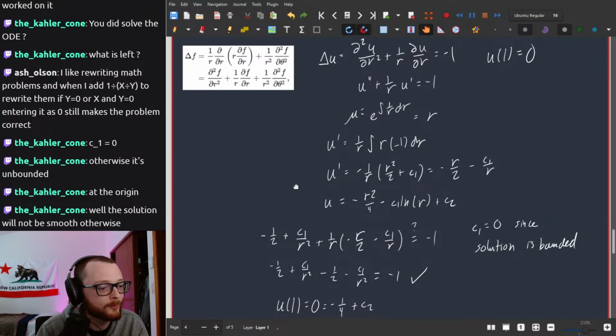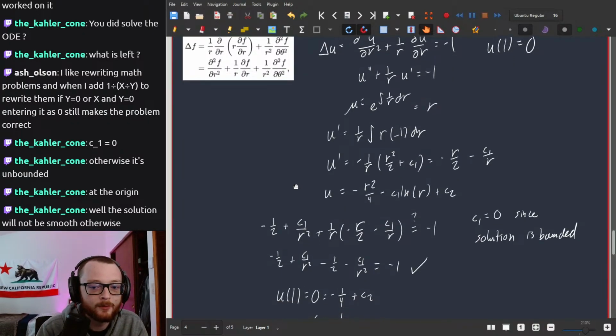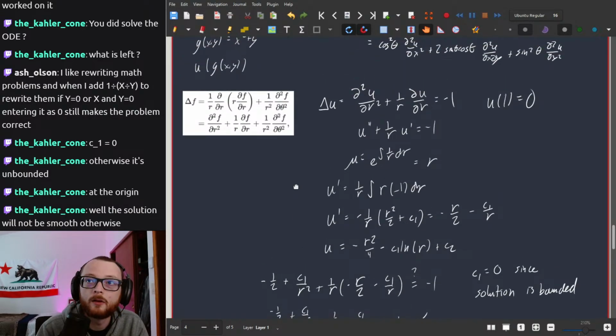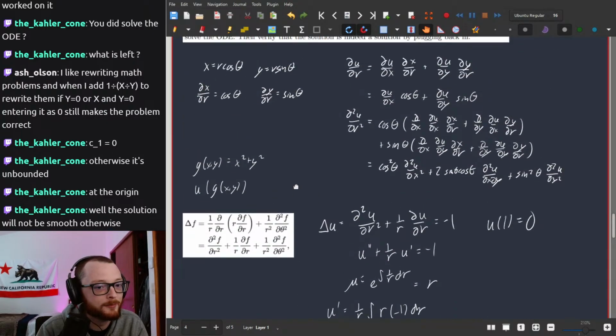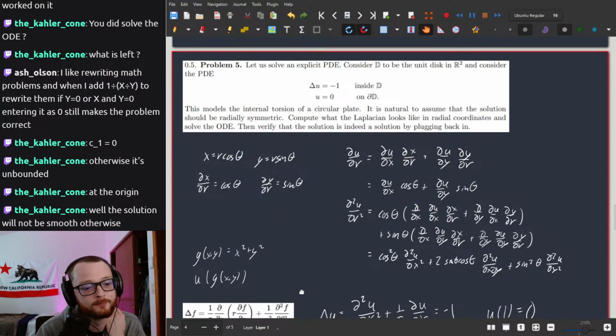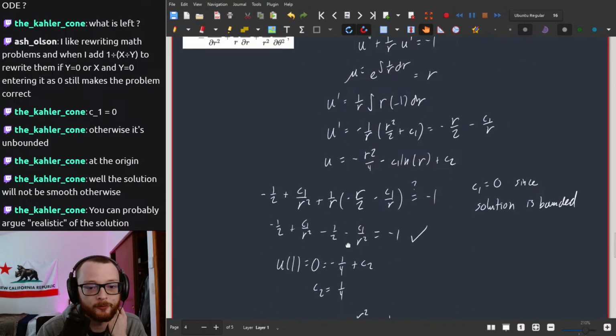Not be smooth. I mean, yeah, okay, it definitely wouldn't be differentiable at 0, if that's what you mean by that, but you could argue realistic solution.